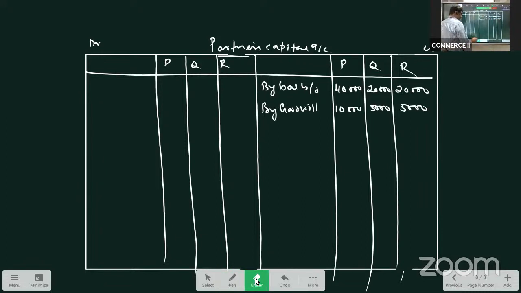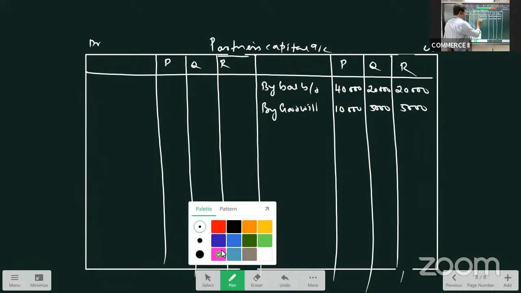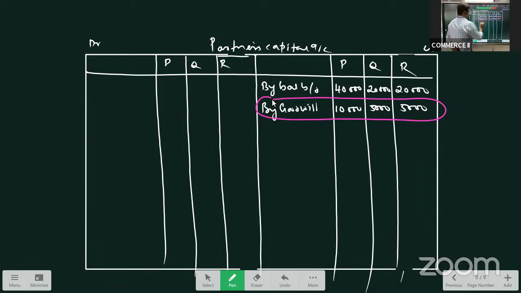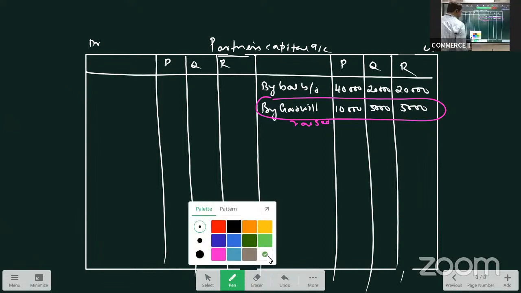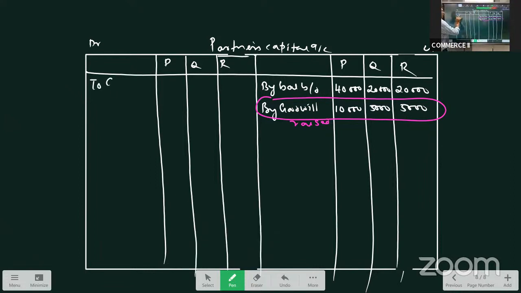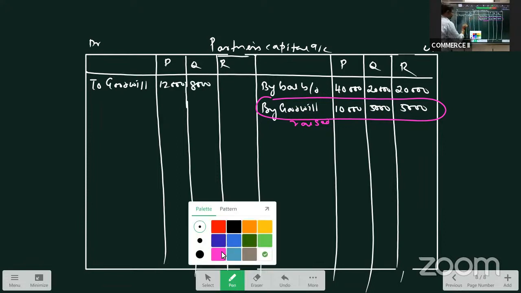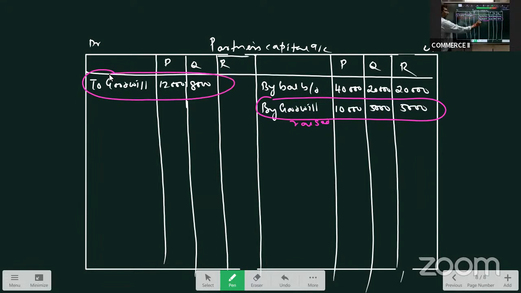This we have credited them for goodwill raised. Now we have written it off. When we write off the goodwill, it is debited only to continuing partners, which we did. P is debited with 12,000 and Q with 8,000. Have a look at this. The credit side is for raising, and the debit side is for writing off the goodwill.